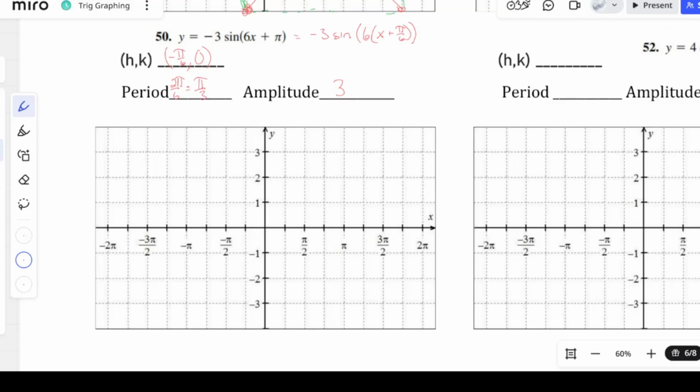A very small period, pi over 3, where would that even be? Somewhere in here. So that's pretty tricky. Pi over 3s and pi over 2s don't go together that well. Like pi over 4, sure. Even pi over 8. Pi over 3. So I would likely change the scale for this one also.